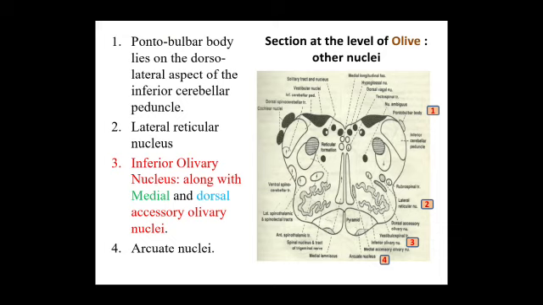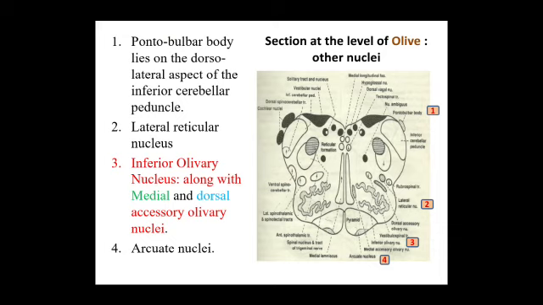The other nuclei which you are going to see are the pontobulbar body, which lies on the dorsolateral aspect of the inferior cerebellar peduncle, the lateral reticular nucleus, and the inferior olivary nucleus along with the medial and dorsal accessory olivary nuclei and arcuate nuclei.